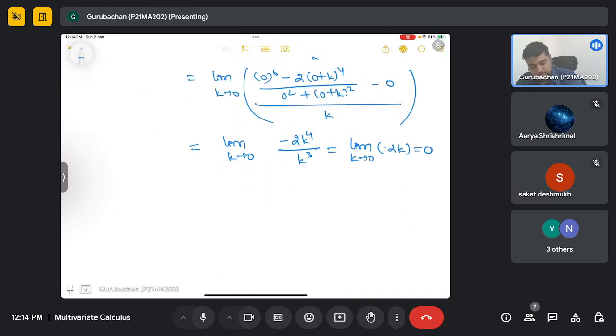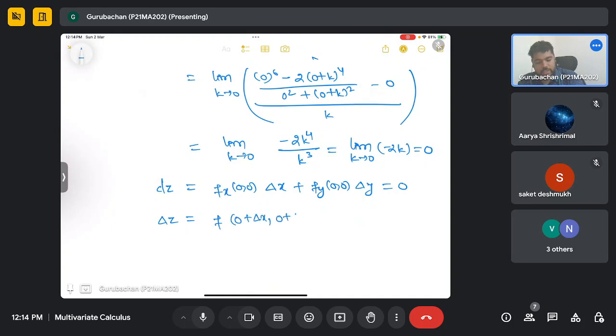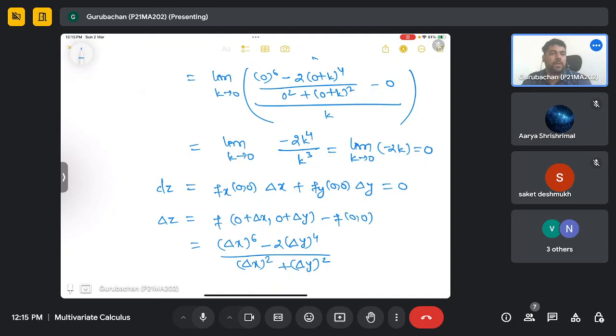So our dz will be nothing but fx at (0, 0) times delta x plus fy at (0, 0) times delta y, which is 0. Now what is delta z? It is f(0 + delta x, 0 + delta y) minus f(0, 0), which will give us delta x^6 minus 2 times delta y^4, divided by delta x^2 plus delta y^2.